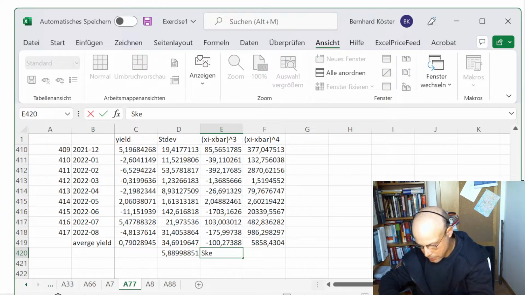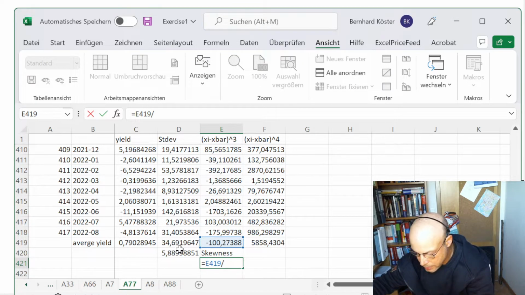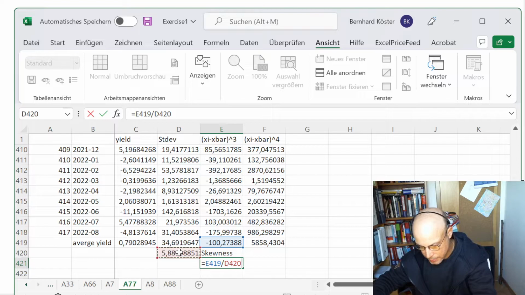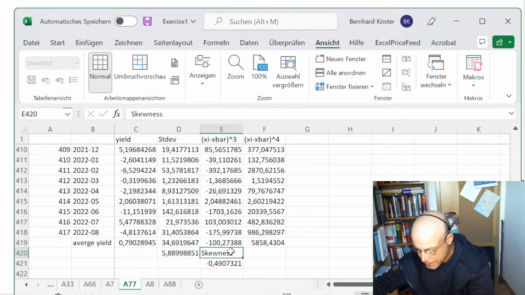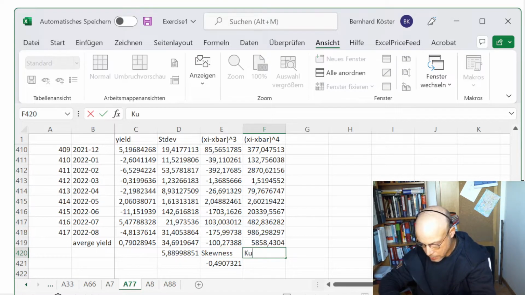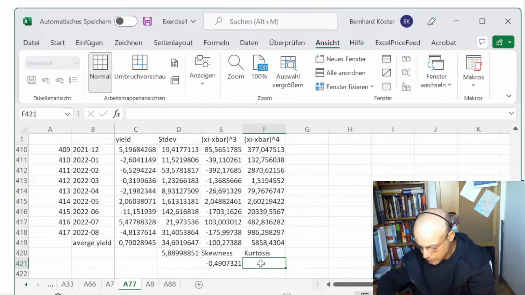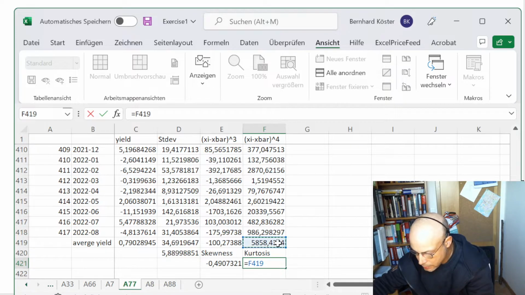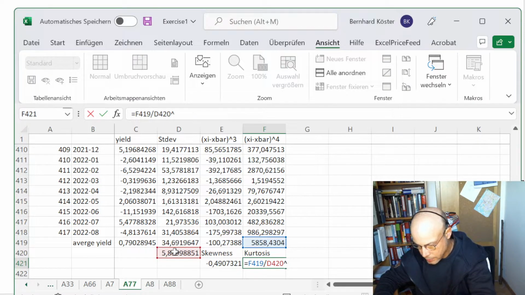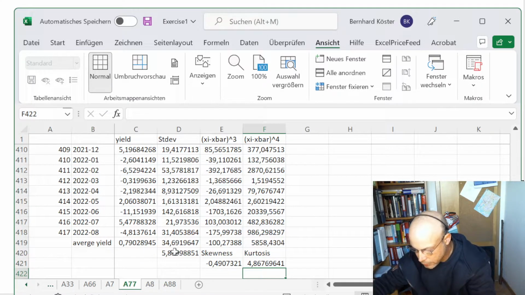So skewness is then this number divided by the standard deviation 5.88 to the power of 3 and kurtosis is this number divided by standard deviation to the power of 4.